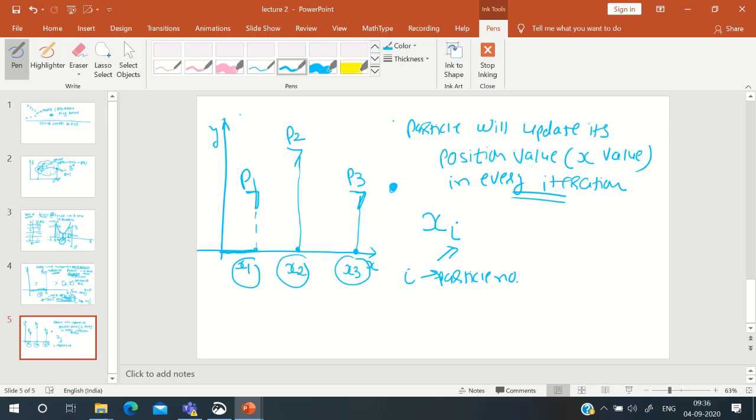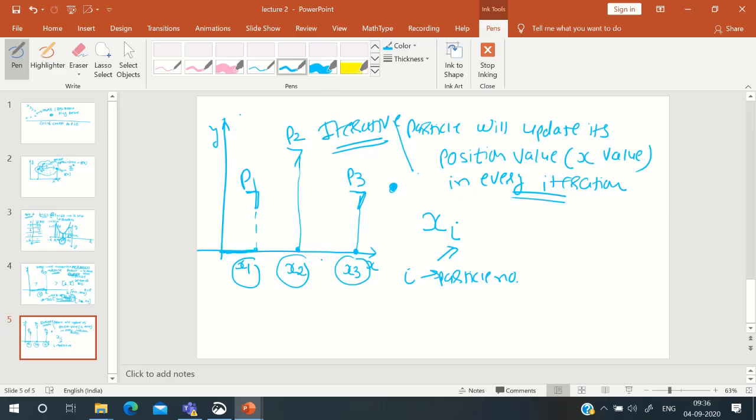Now see, every AI method or computational intelligence method or classical method, every optimization method is an iterative method. It means a number of iterations are carried out in the simulation, and in every iteration we are updating our possible solutions, getting better and better solutions in every iteration.